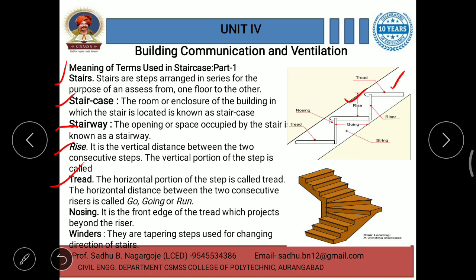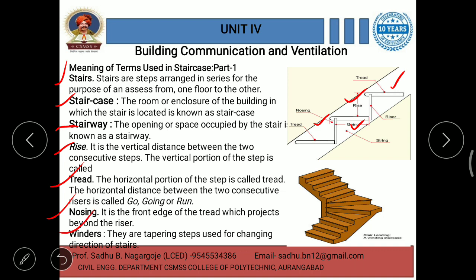The horizontal distance between two consecutive risers is called going or run. It is the horizontal portion, this here, going. Nosing is the front edge of the tread which projects beyond the riser, and that is nosing here. Just see the diagram for your clarification.